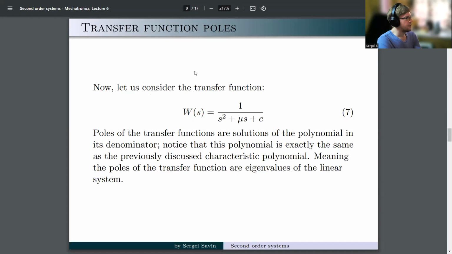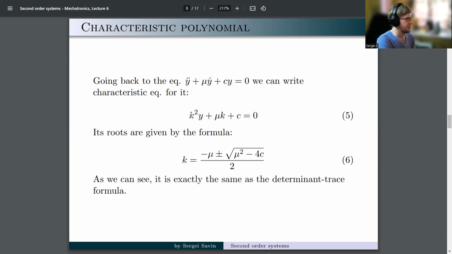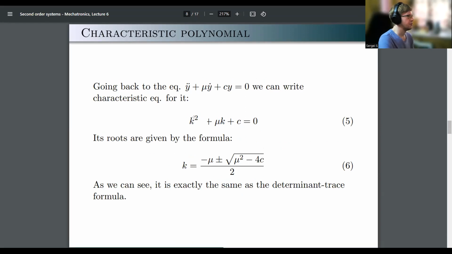All right. Now let us consider the transfer function. As I said, the process would have been the same as doing this here. If we try to make a transfer function for this equation, we would have had s squared y plus mu s y plus c y equal to u.